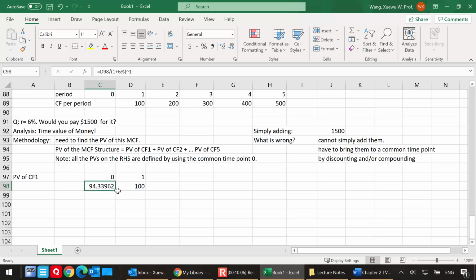So that is $94.34. So this is telling you receiving 100 in period 1 is the same as receiving $94 today.